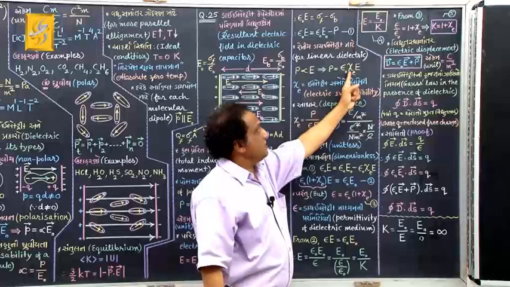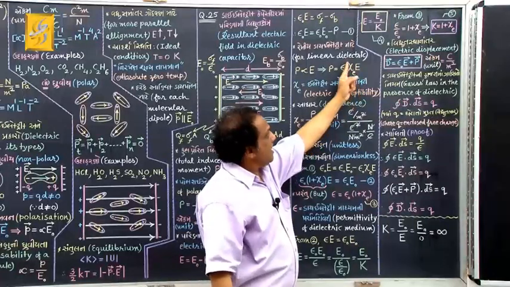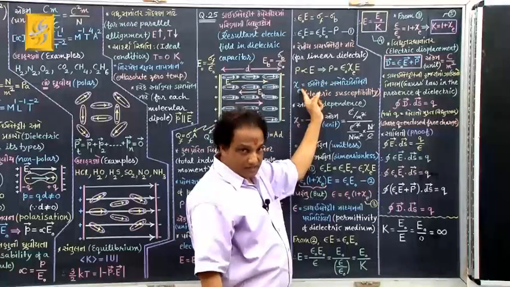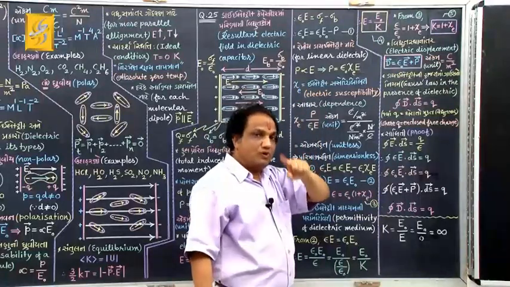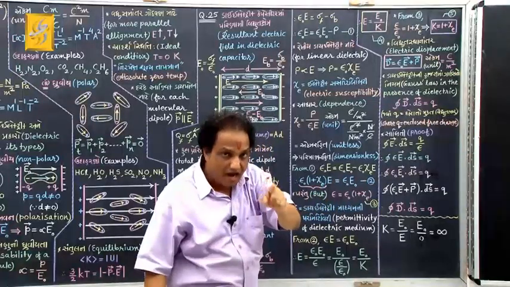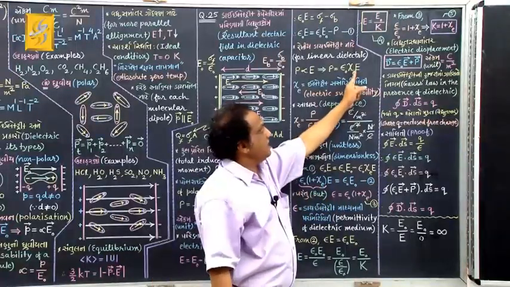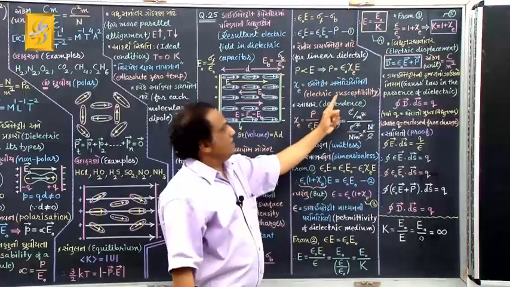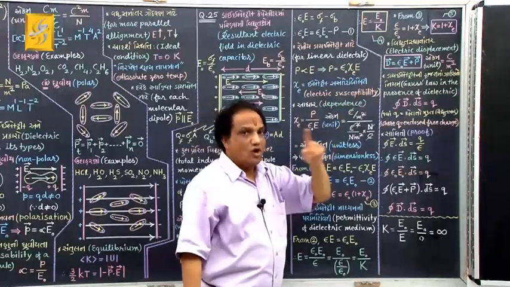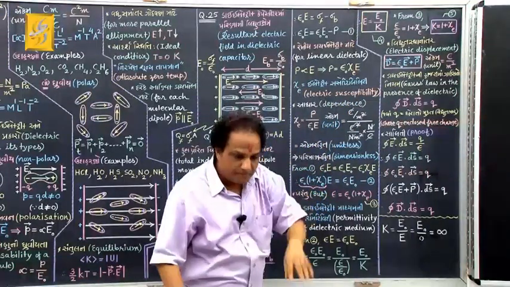What is the other constant? It is shown by such a symbol, chi E. You have to write it like this. The pronunciation is chi E, the spelling is C-H-I, chi, chi E. And it is called electric susceptibility, the electric susceptibility of a given dielectric medium.